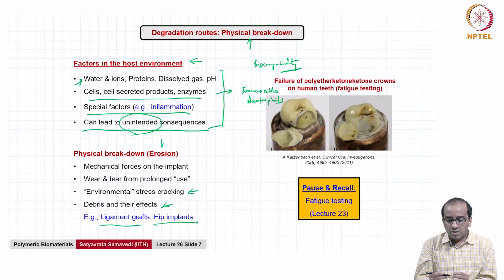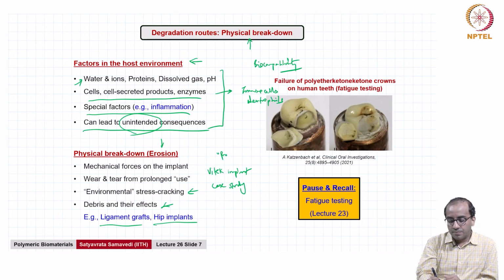And now would also be a good time to recall a case study that we have seen very early in this course, the Vitek implant case study or Proplast, right.